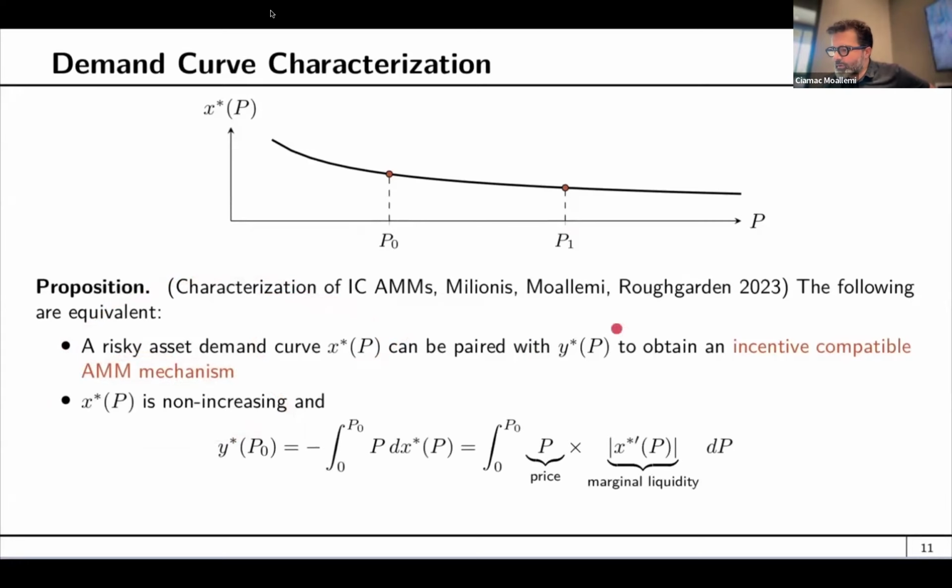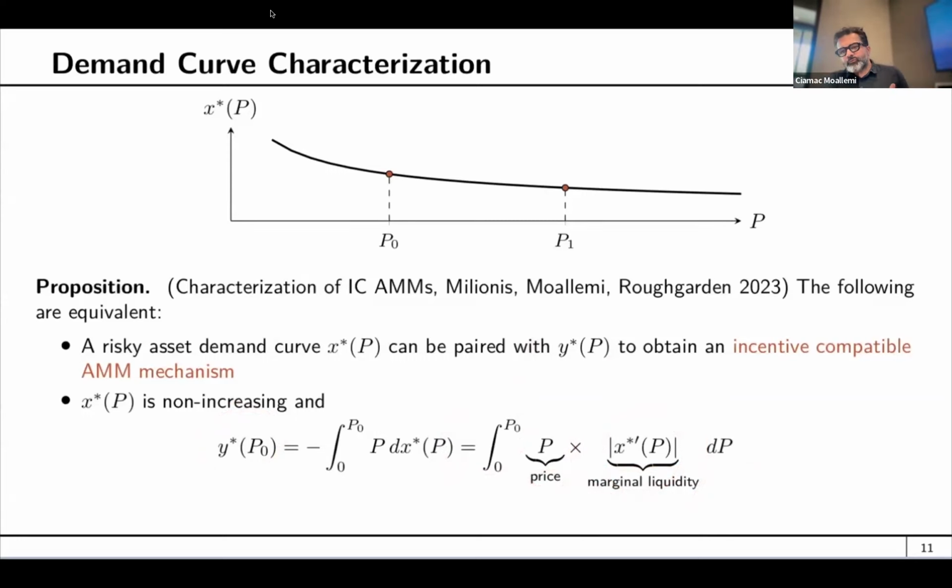And second, the quantity of the cash asset has to be given by a very specific kind of rule. And this rule is also quite intuitive. This rule states that as I move across prices, the amount of the cash asset that must change corresponds to the quantity of the risky asset that's being traded. Again, that's the marginal liquidity object we talked about on the prior slide, times the price level, right?